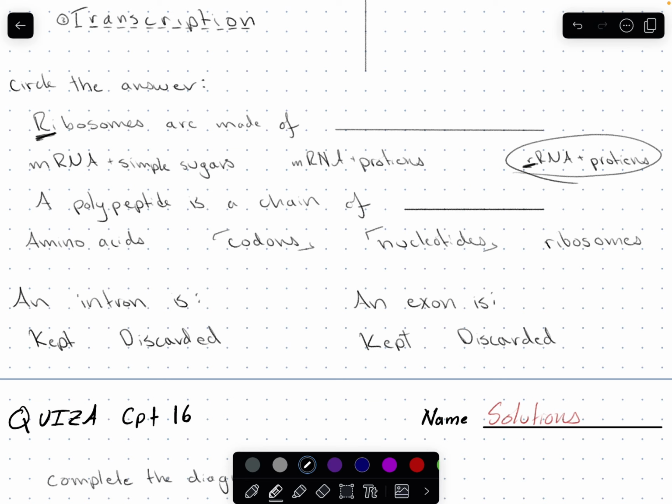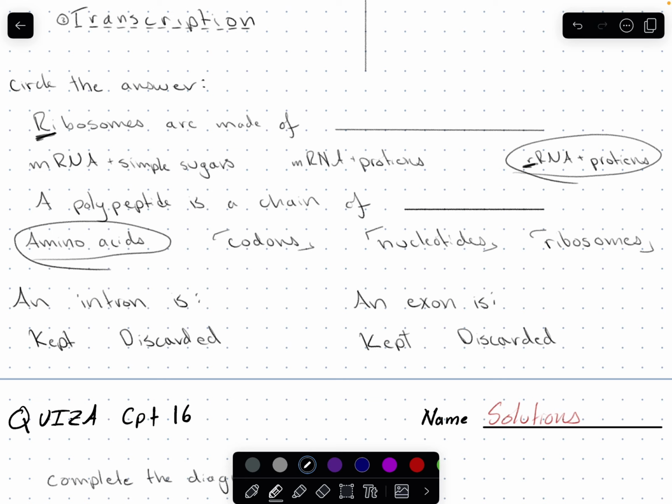Those are pretty simple. That's a base, a sugar, and a phosphate. Is it ribosomes? No, there was a different word, a polysome, which described a chain of ribosomes on an mRNA. So it's not that one, and that will leave amino acids. So a polypeptide is a chain of amino acids.